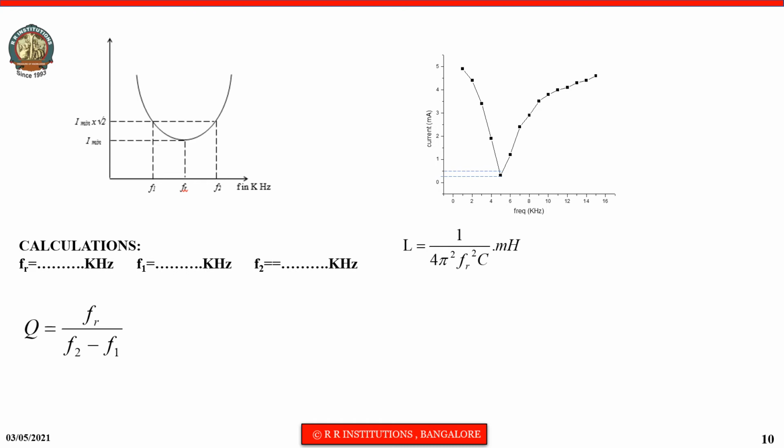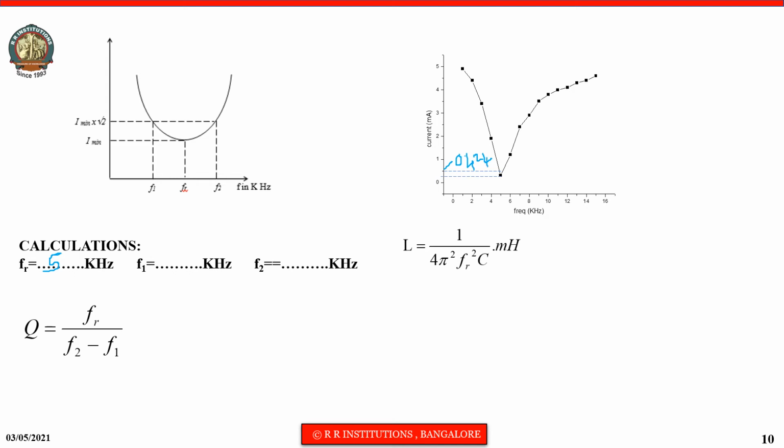Here also, in this case, we find this is at 5 kilohertz, and we have to multiply by root 2 to this 0.3. So 0.3 multiplied by root 2 is 0.424.